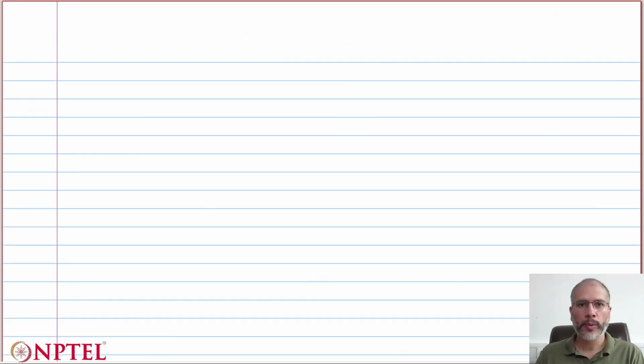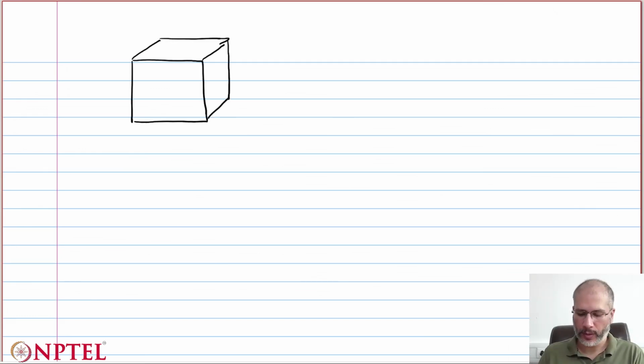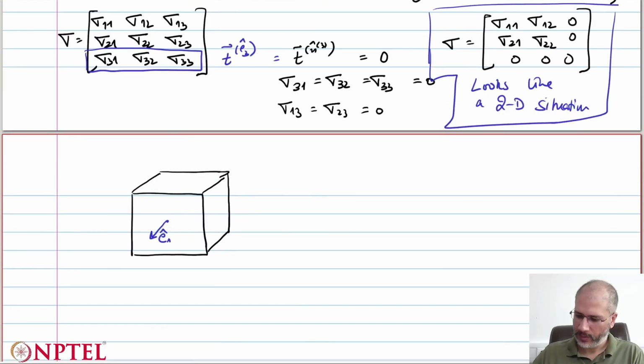Now let us draw the cube picture of the situation. So in this cube picture, we represent the various cutting planes as separate planes, although ideally they are all passing through the point P. So this is the surface with E1 hat normal, and if I go back up and have a look at the stress here, I can see that the first row of this is simply sigma 11 and sigma 12.